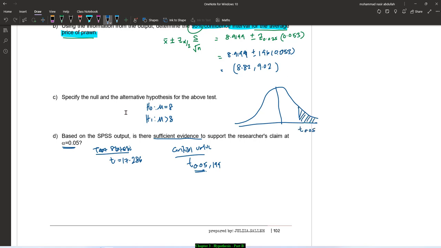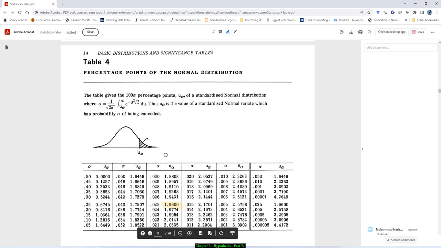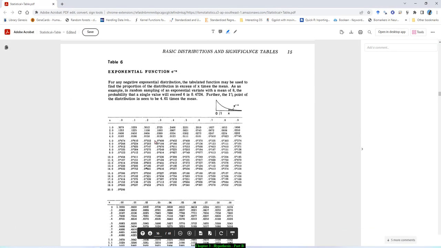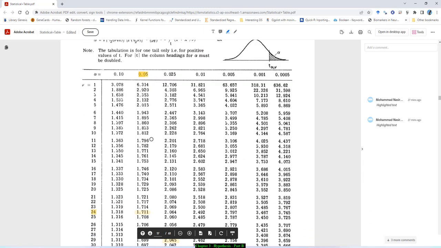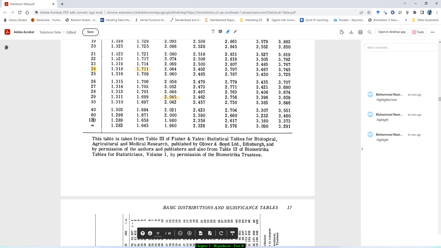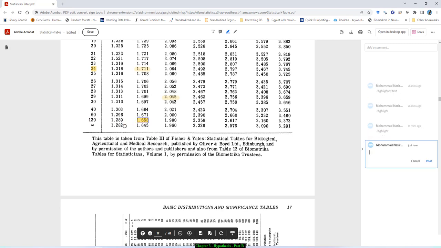So this is t 0.05, 199. If we look in the statistical table, T distribution, table number 4.7, 0.05 with 199 is supposed to be near 120, right?